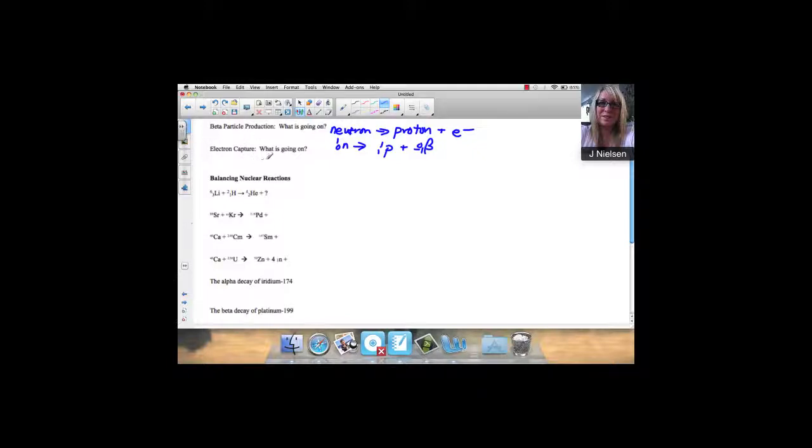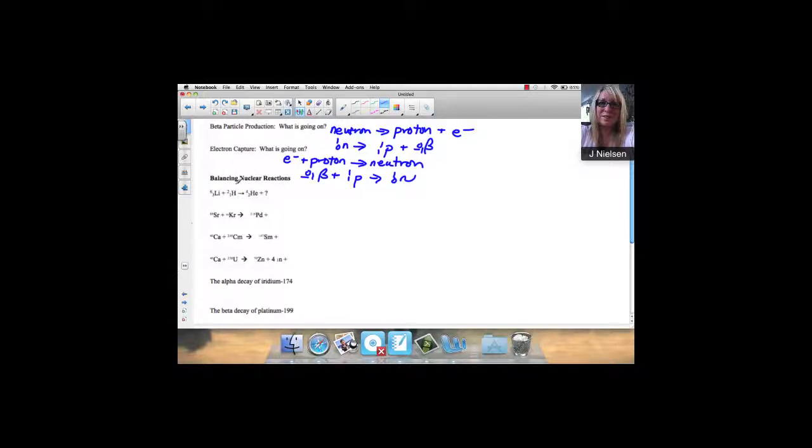In electron capture, it's basically the opposite. You have an electron combining with a proton to produce a neutron. So we have 0, -1, B plus 1, 1p, yielding a neutron.